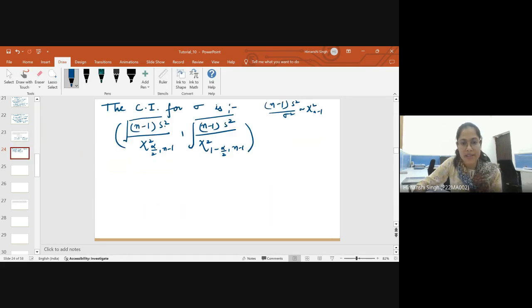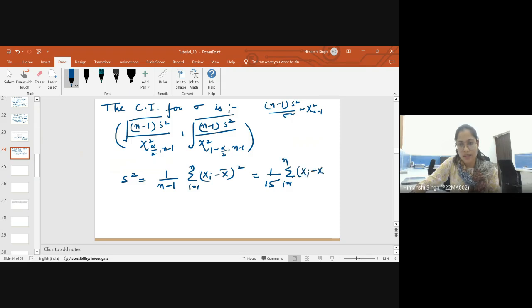So what is s square? s square will be 1 upon n minus 1, summation xi minus x bar whole square, i going from 1 to n. So it will be 1 upon 15 summation xi minus x bar whole square, i going from 1 to n.